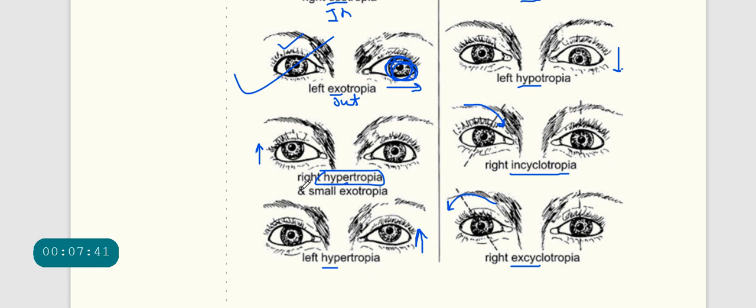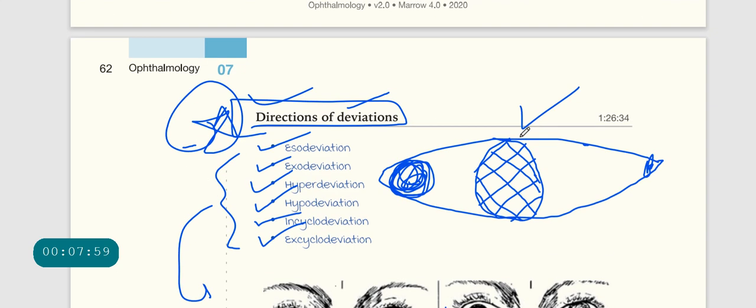Very simple. What is hypertropia? Hyper means above, so the eye would be going above. If this was your normal eye, then the eye goes up here somewhere. This is hypertropia. In hypotropia, the eye will be going downwards.